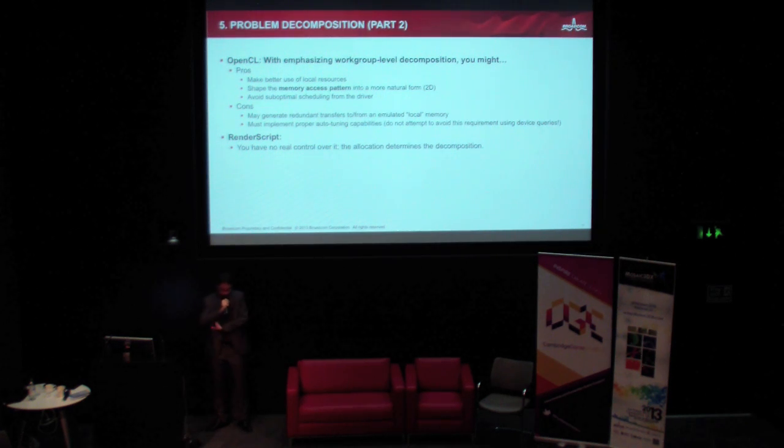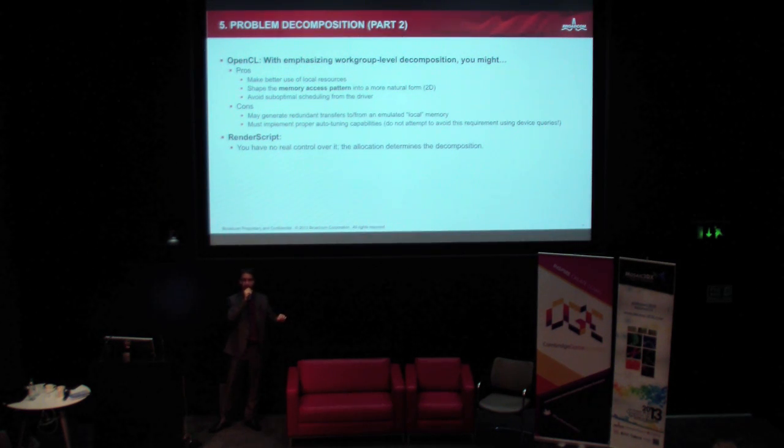In OpenCL, you have several queries about the device, so you may think that by querying those things, you know everything about the device, but it's not true. Queries are a good thing, you should query everything, but you shouldn't try to adapt your algorithm based on those queries exclusively. As I've already told, OpenCL is focusing on peak performance.